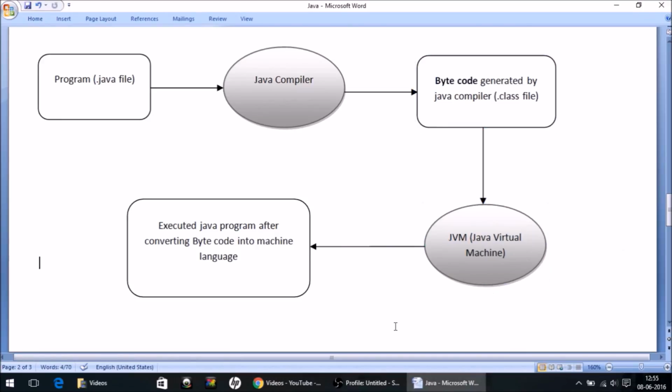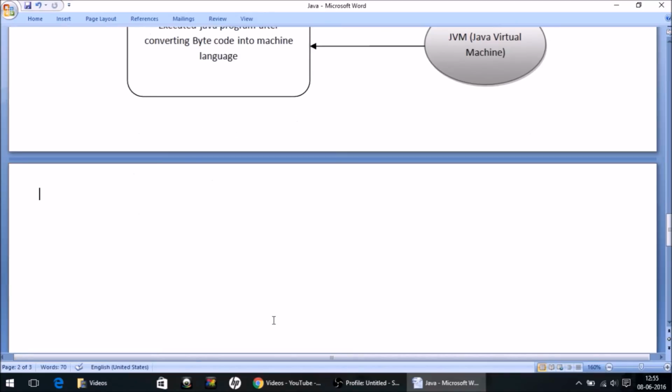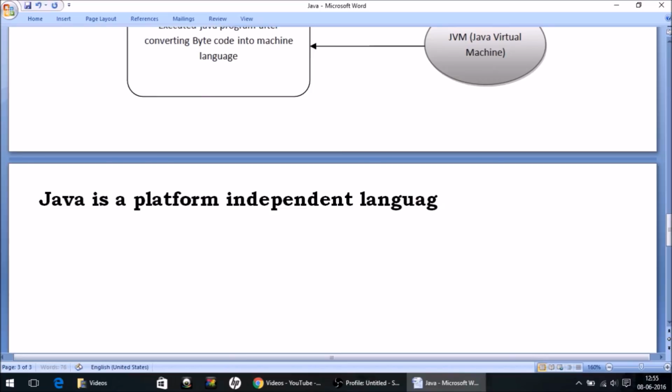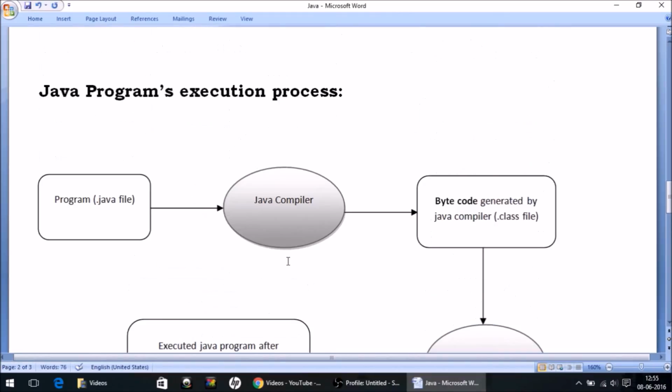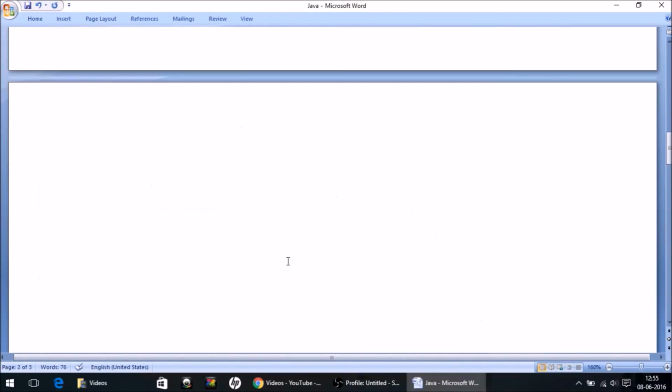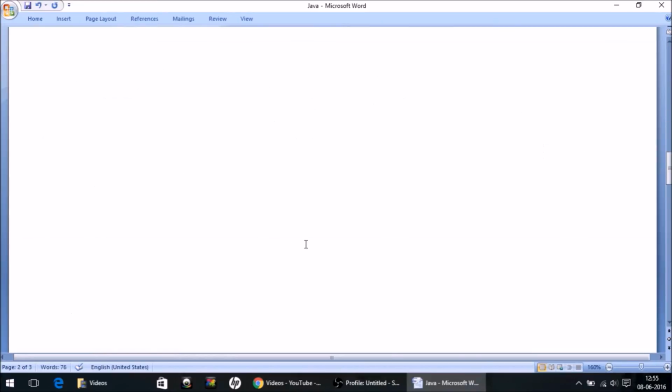So that way you can say that Java is a platform independent language.